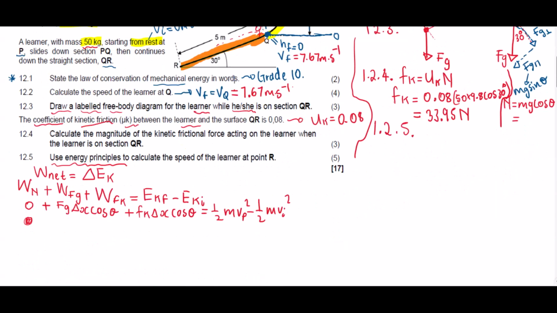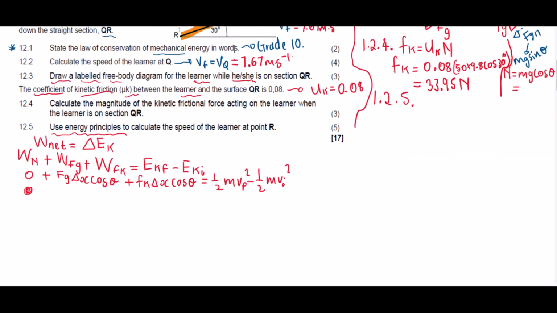We're just going to use the definition. So the definition of work done says you take the force. So what is this force here? It's going to be mg. So the force is mg, the object's mass, 50 times 9.8. And then delta x is going to be 5 meters.